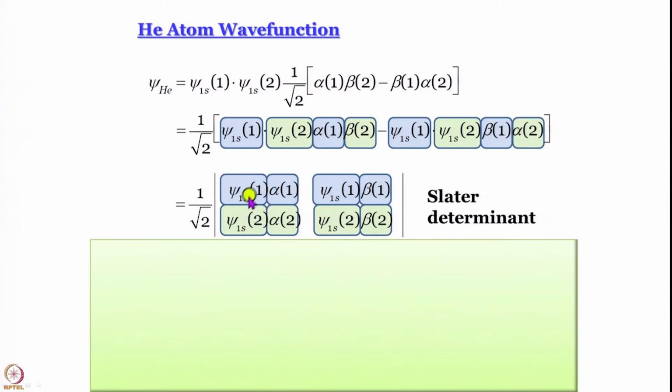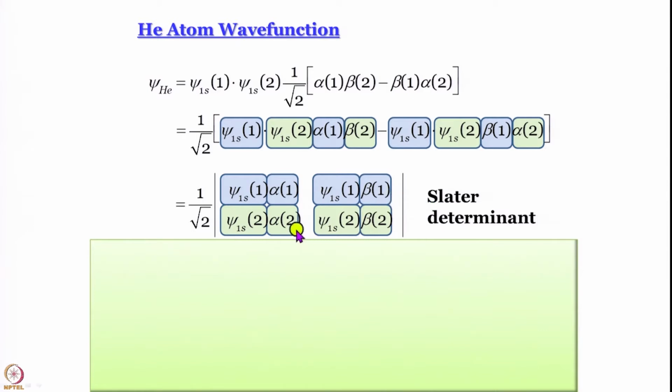Psi 1s 1 alpha 1, psi 1s 1 beta 1. What has remained the same is the electron number, and what has changed? Even psi 1s is the same, what has changed is that from alpha we have gone to beta. So, if you look at the whole thing, what has really changed is your spin orbital.